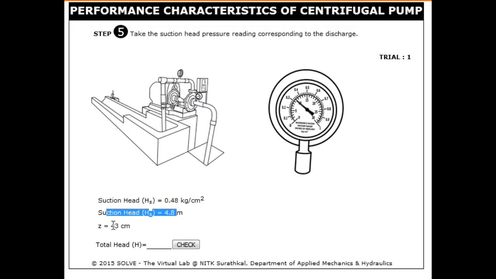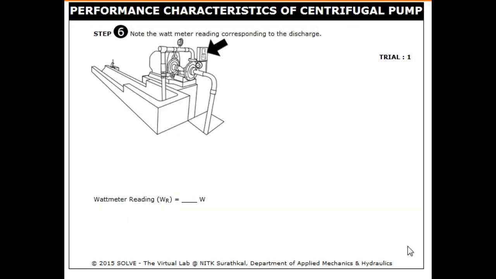So now what is the total head? The equation is popping up, so you can substitute the total head at this location. The total head is 6.23. Once you know the total head, the next step is to measure the energy meter reading, because earlier I discussed in this video that we are going to plot graphs for actual discharge versus power input, efficiency versus actual discharge, like that.